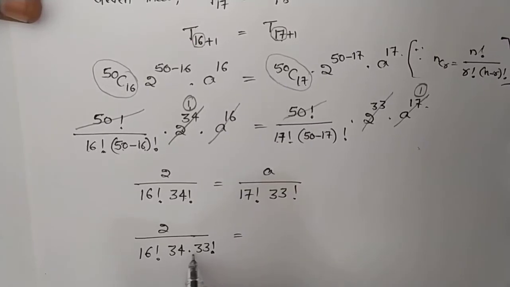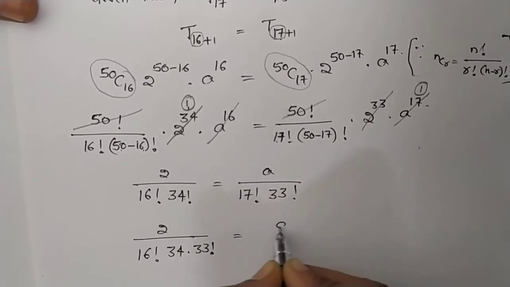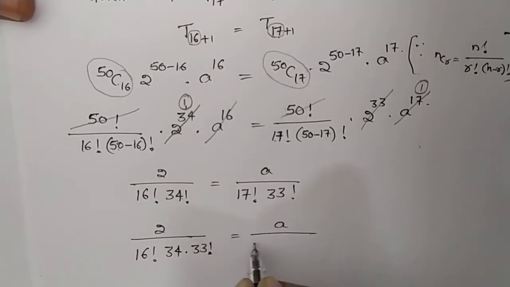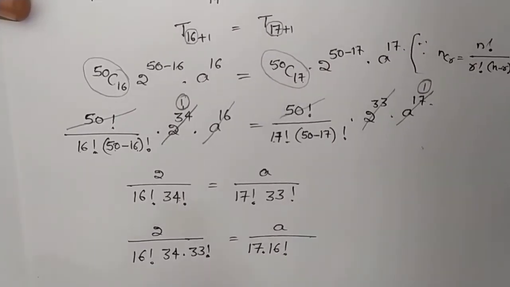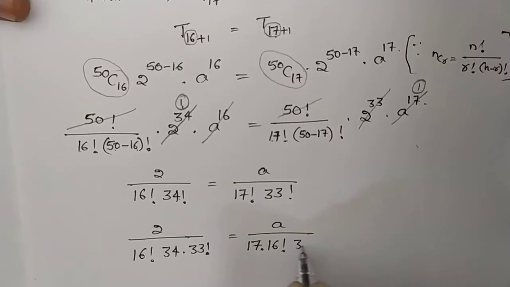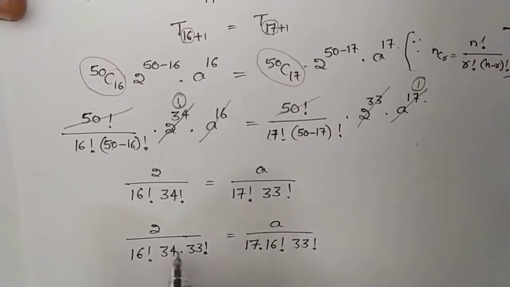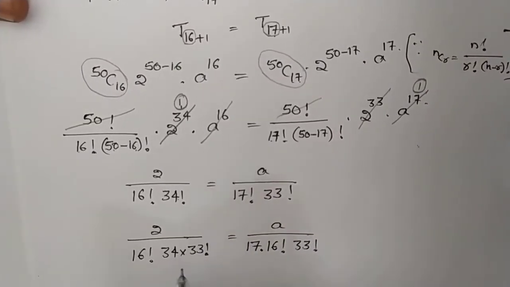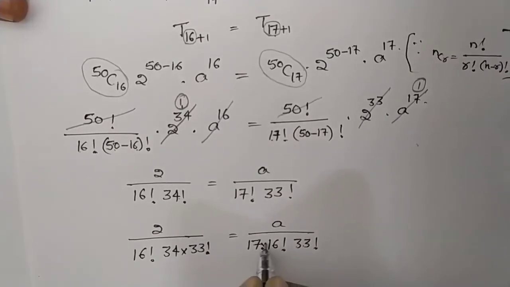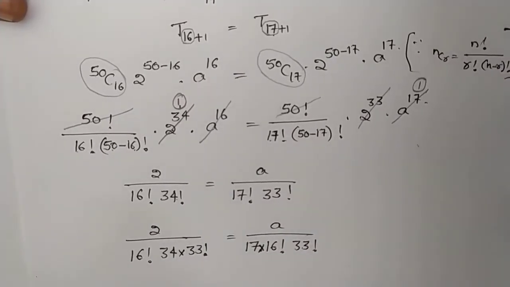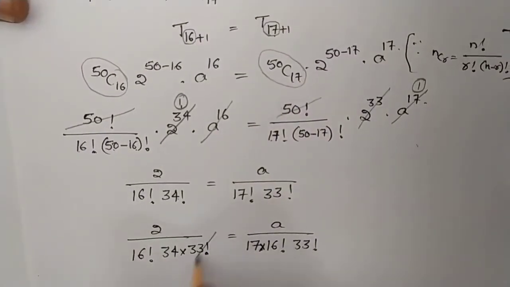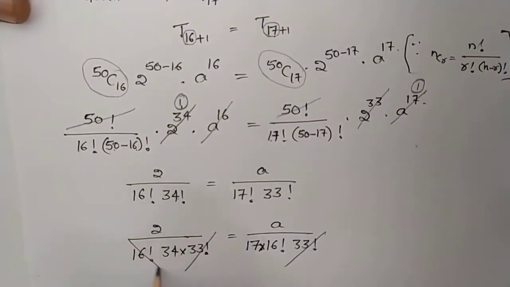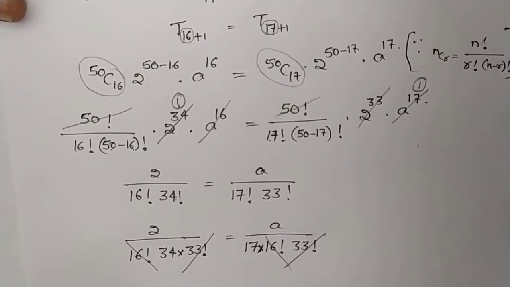These things you have already learned. 17 factorial can be written as 17 into 16 factorial. Now see which terms get cancelled: 33 factorial will get cancelled, and 16 factorial will get cancelled.